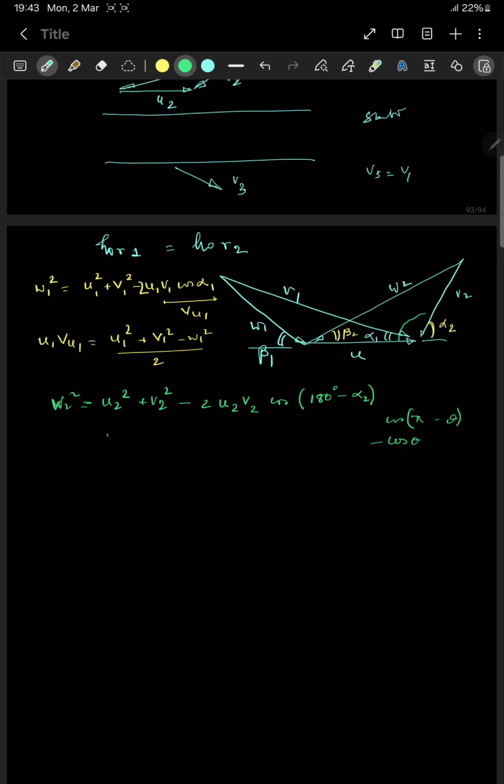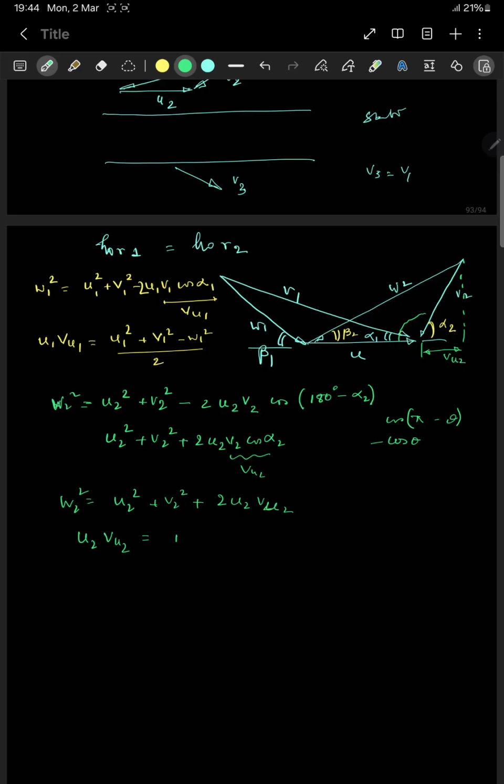So we have u2 square plus v2 square plus twice u2 v2 cos alpha 2. v2 cos alpha 2 is vu2. So u2 square plus v2 square plus twice u2 vu2 is w2 square. So u2 vu2 is equal to w2 square minus u2 square minus v2 square divided by 2.